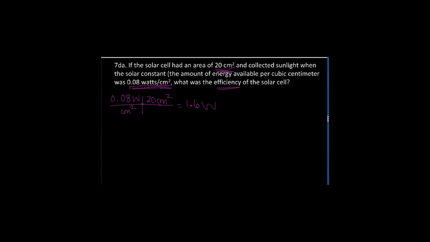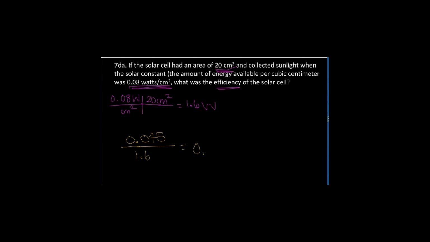Okay. And then now we want the efficiency, so we're going to take that answer we got in 7D, that just previous part. So we're going to have 0.0045, and I know that one goes on the top because it's the smaller number, and the smaller number always goes on the top when we're doing efficiency.